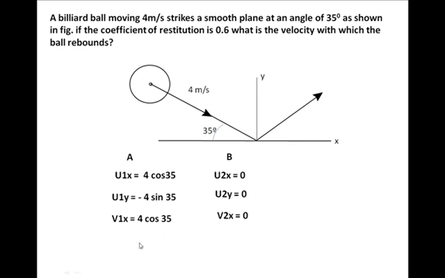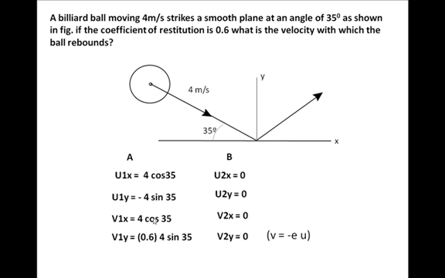Now, as far as v1y is concerned, we write it as e into u1y, and the reason is this equation we are using. The final velocity is coefficient of restitution into initial velocity. So, initial velocity in y direction is 4 sin 35, so final velocity of body 1 in y direction is 0.6 × 4 sin 35, that is 0.64 sin 35 as stated. And v2y is 0. Final velocity in y direction of body 2 is also 0.